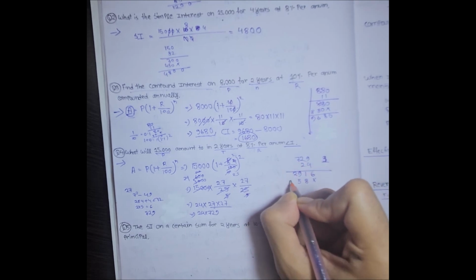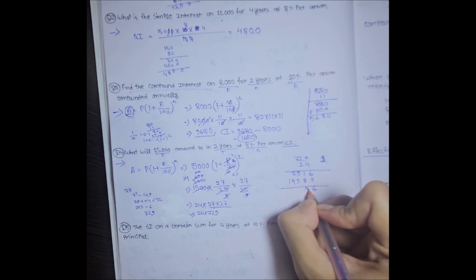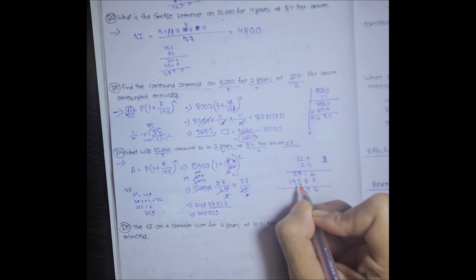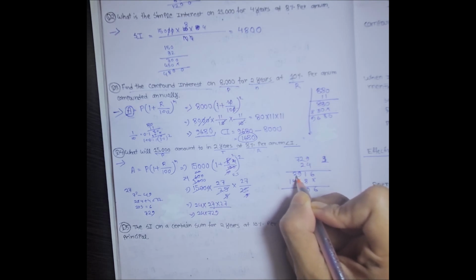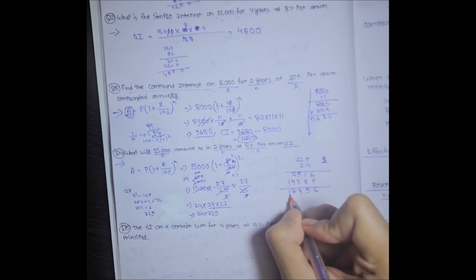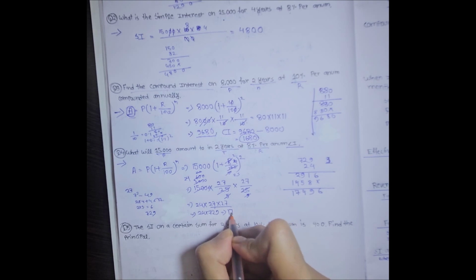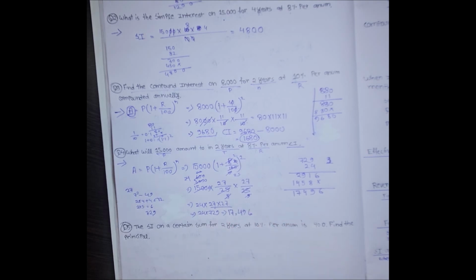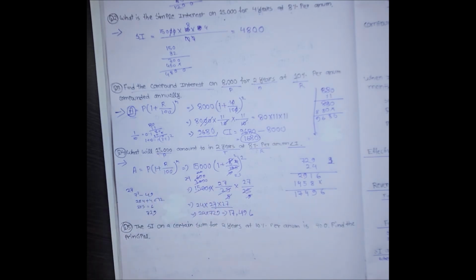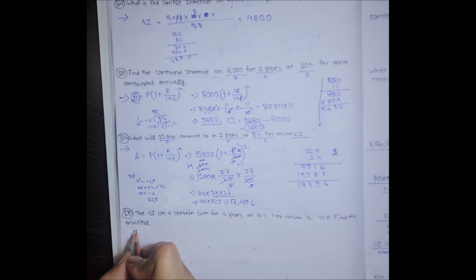Then 2 times 7 is 14. Now adding: 6, 1 plus 8 is 9, 5 plus 9 is 14, we'll carry forward 1, 4 plus 2 is 6, and we carry forward 1. So it comes to 17,496. It is the amount we will have after 2 years if we invest 15,000, compounded every year at the rate of 8% per annum.